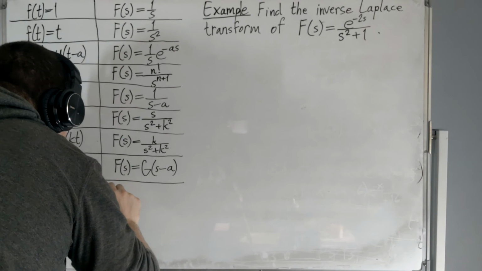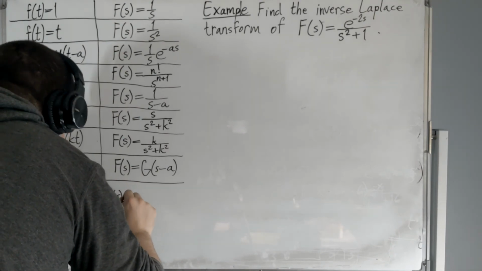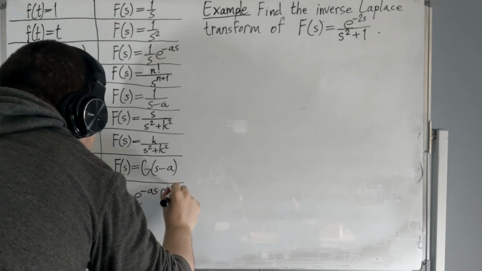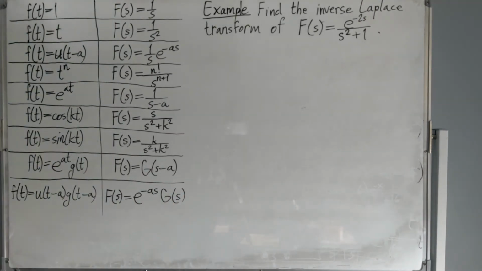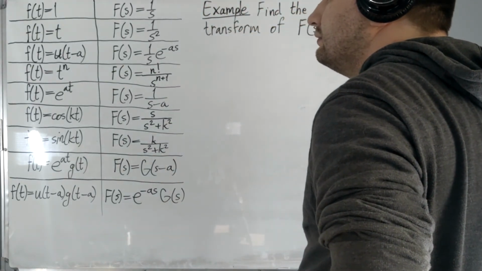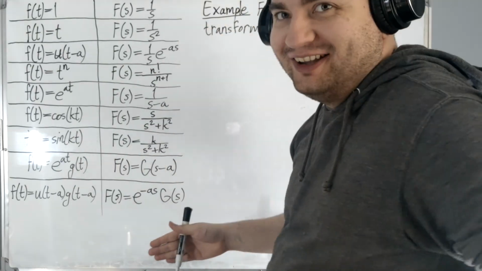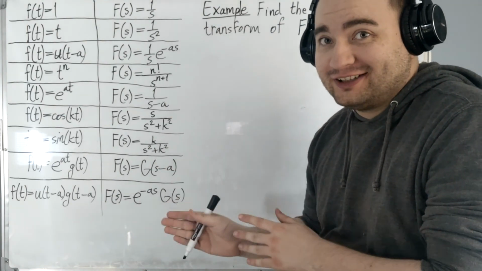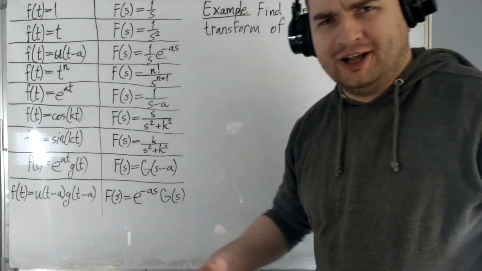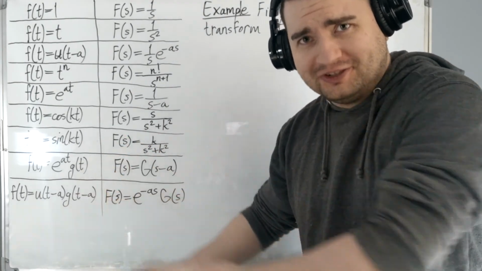The Laplace transform of this is e to the negative as times the Laplace transform of g. And that covers the first, well, I have 9 facts written here, but it covers the first 8 facts of the table in the appendix of my notes.